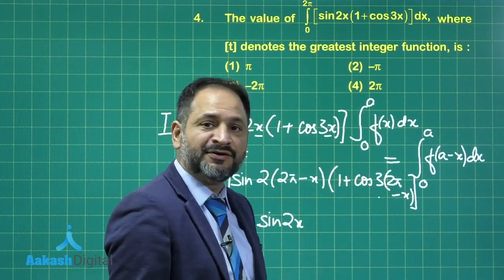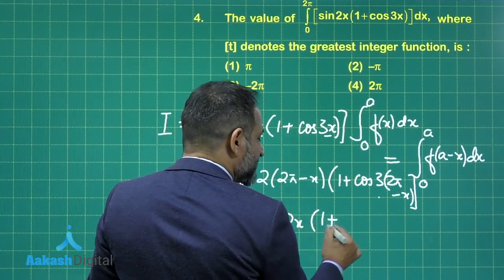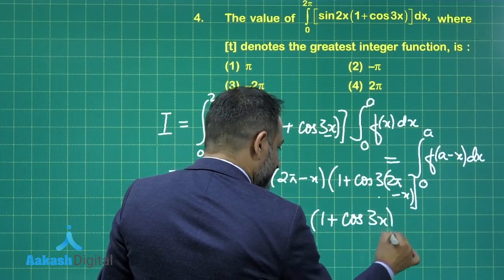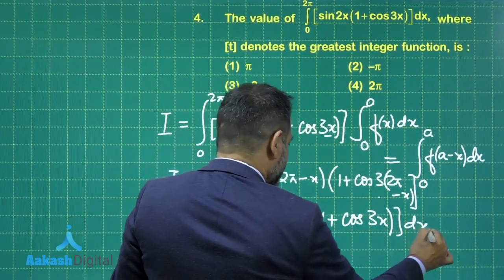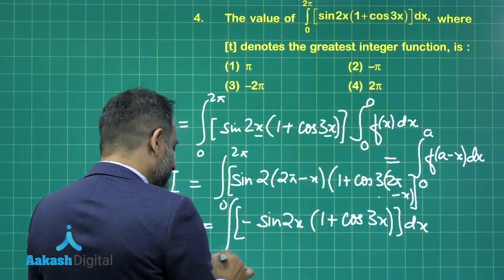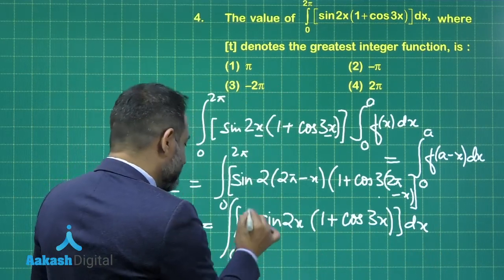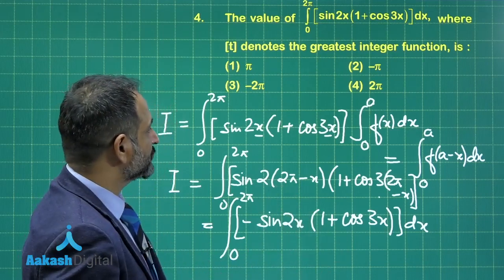This is again in the fourth quadrant, but it is going to be positive. So it is 1 plus cos 3x. Now notice this, what we have got here is the additional negative sign. The integral is definitely from 0 to 2 pi.